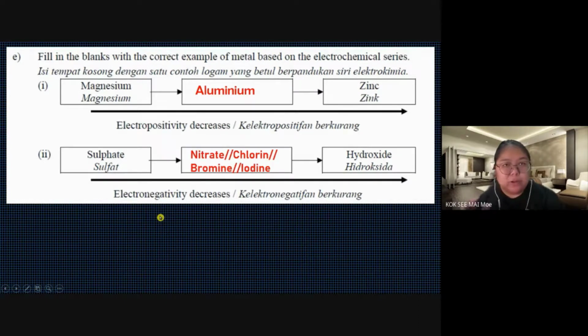Either one, because they have a big gap at the center. Flower in front, then this one is "so". This one is "nice can buy in orchard". Orchard is hydroxide. So from here you can mention the four of the negative.